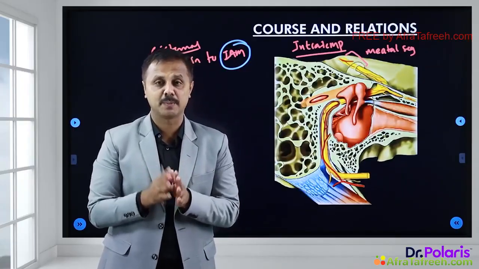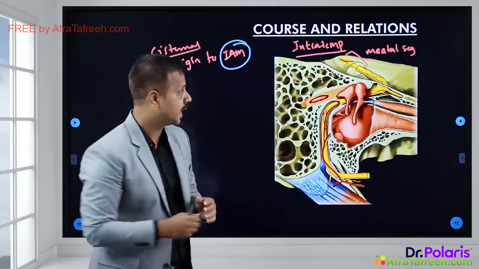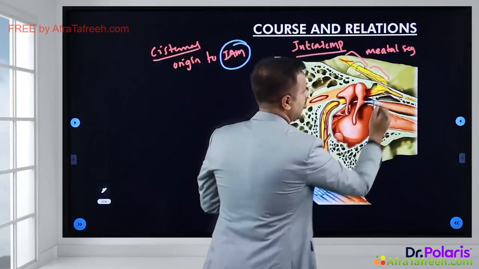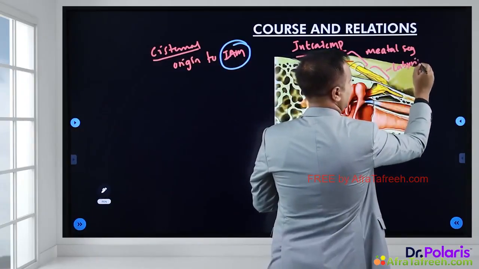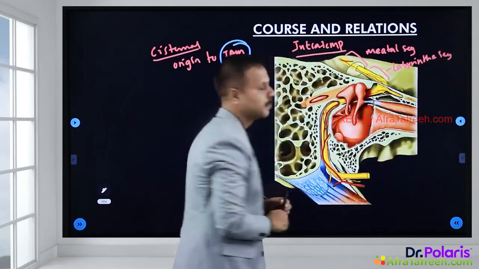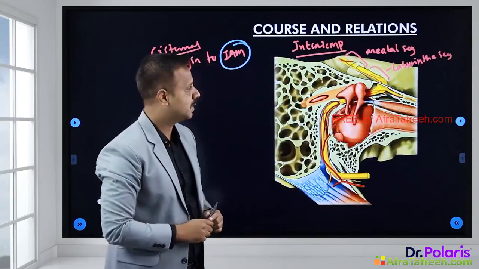That is, the sensory root and motor root will fuse here. Then the next segment is what we refer to as the labyrinthine segment. We will identify the peculiarity a little bit later.